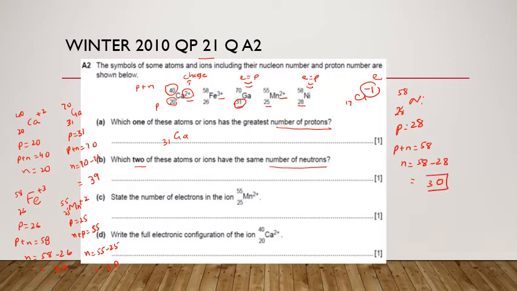That means this 30 and this 30 are the same. So I can refer to Mn and Ni as two different nuclei that have the same number of neutrons. I can write manganese plus 2 with 25 and 55, and nickel 28 and 58 as the two atoms that have the same number of neutrons.